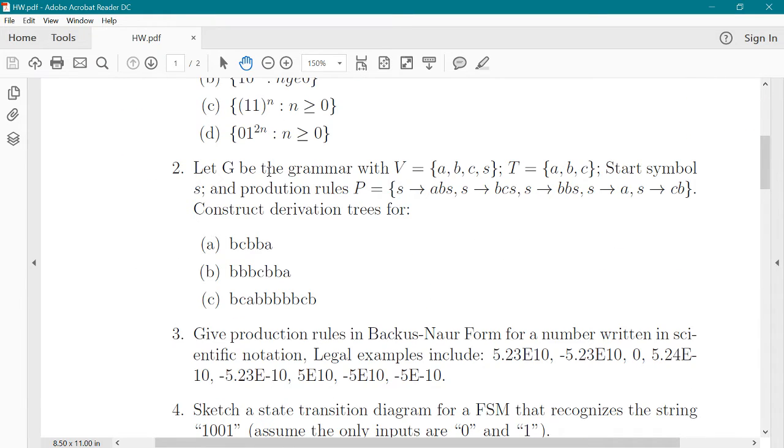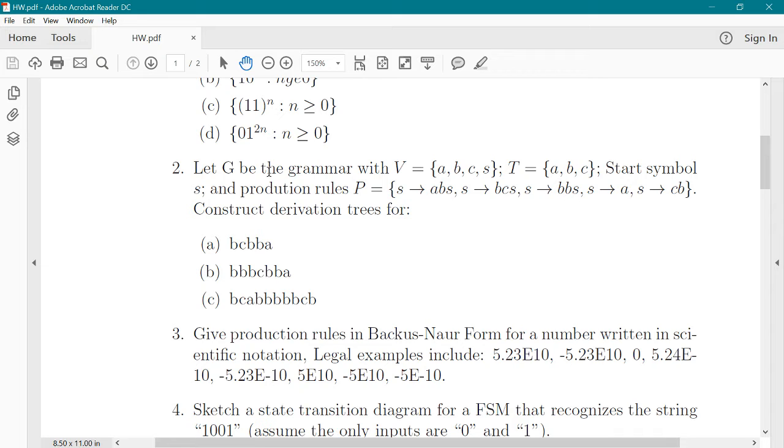So derivation trees, we never formally talked about, but I kind of alluded to them. So let's just take a look at question A here. We've got the vocabulary, terminal symbols, production rules. Our start symbol is S, and we want to show that BC/BBA is something recognized by this language.